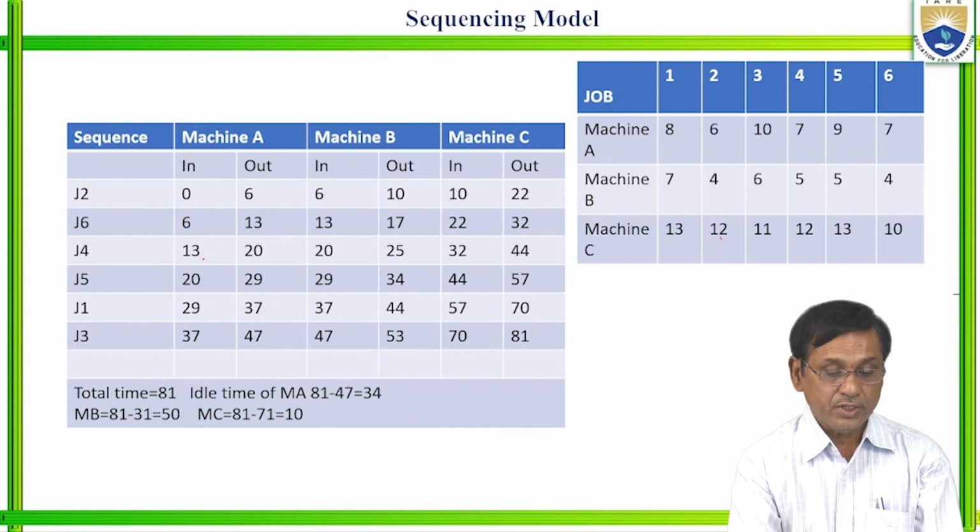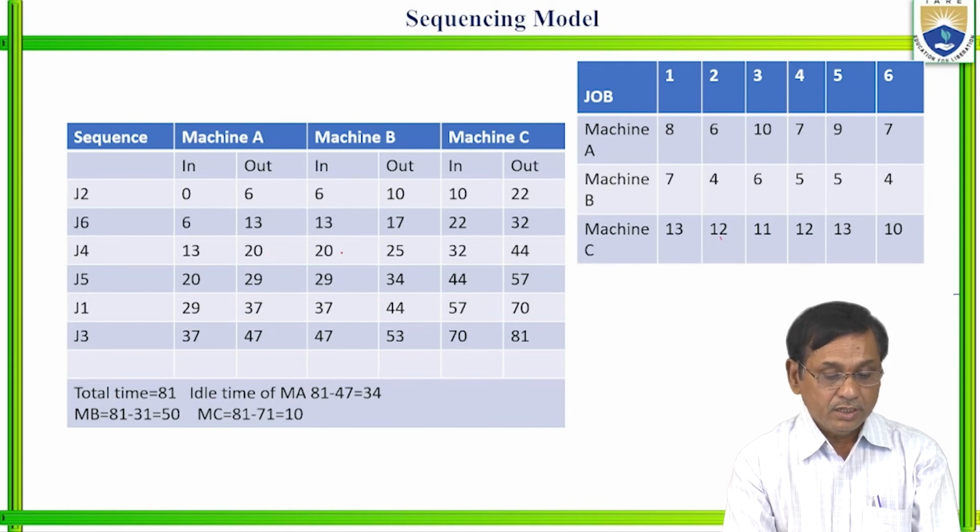Then J4 enters machine A at the 13th hour and the processing time required is 7 hours, so it will be completed by the 20th hour. Then it enters machine B at 20, because it is already vacant, so it need not wait.